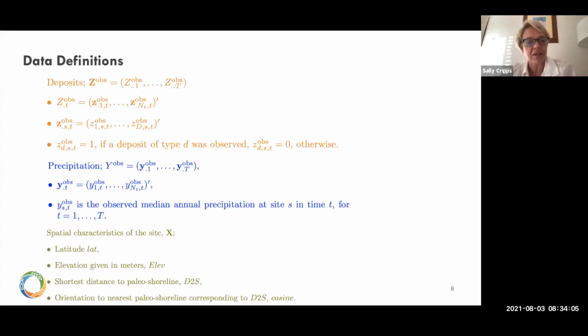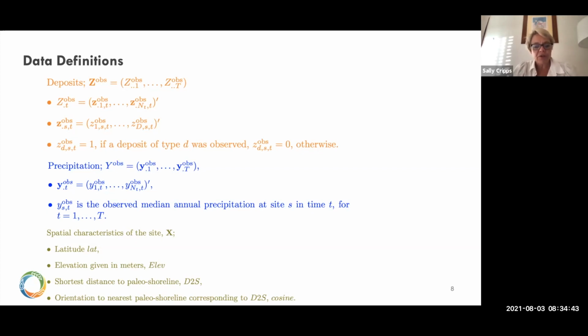I'll just take you through some data definitions. So we have Z, as stated earlier, for deposits with the superscript obs referring to the observed values. Obviously, we want to be able to predict the distribution or the probability of observing any deposits at sites other than where we observe them. The precipitation, that's Y. And then the spatial characteristics of the site, which I've denoted by X, and they include things like the latitude, the elevation, the distance to shore, and the orientation to the nearest coastline.